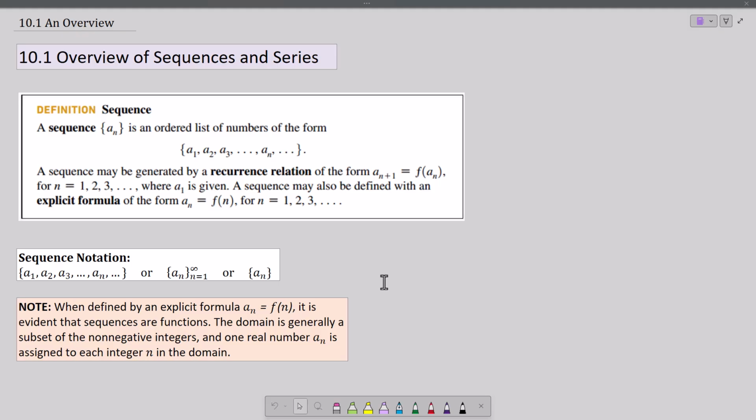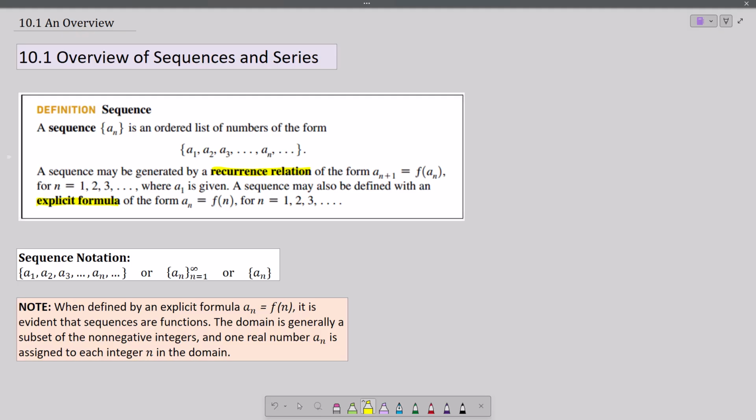So for a sequence, there are two ways to describe these infinite sequences. We can generate them with either an explicit formula, or we can generate this infinite sequence with something called a recurrence relation. In calculus, 95% of the time we're dealing with explicit formulas.